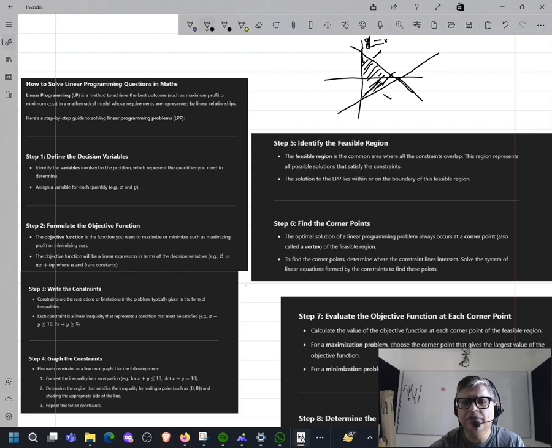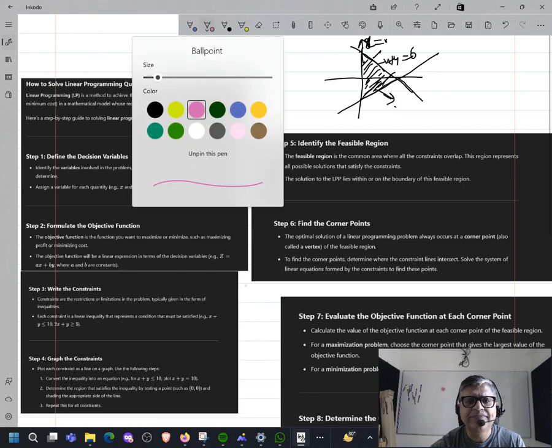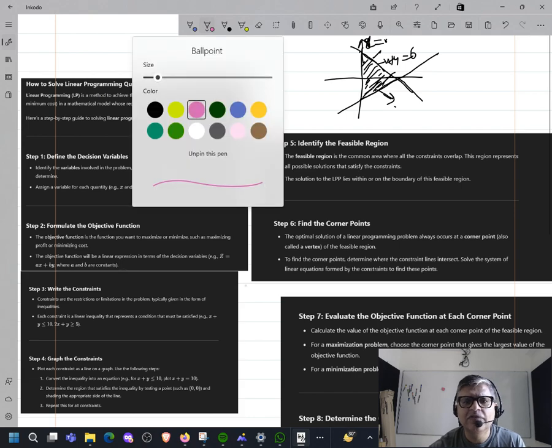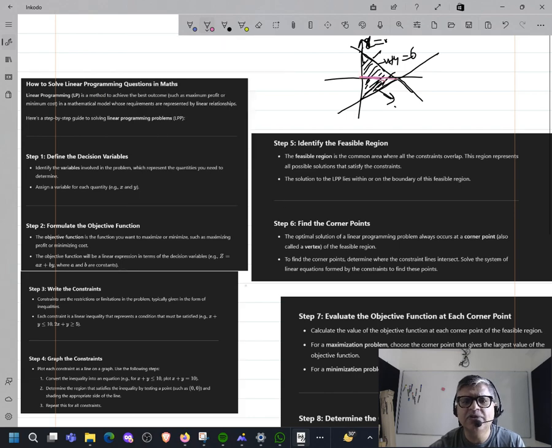x equal to 0 is the y-axis. Then the line x plus y equal to 60, and the third line, which is the total money I have, that 50,000 rupees. You have to identify a feasible region, which means some values of x and some values of y will correspond to how many chairs and how many tables you can have.